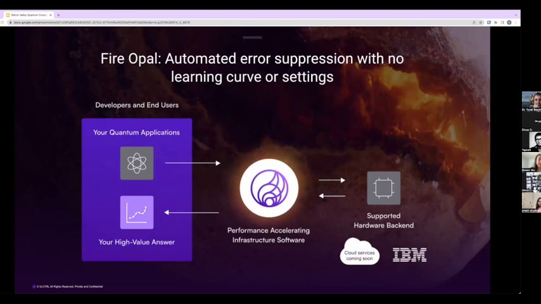So all you have to do is take your circuit or your algorithm in question, and submit it to FireOpal, and FireOpal will execute on your behalf on a number of different supported hardware backends, as well as utilizing cloud-based services that provide access to a broader range of hardware backends.